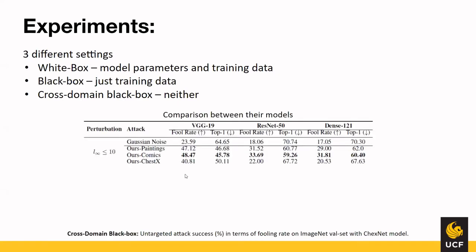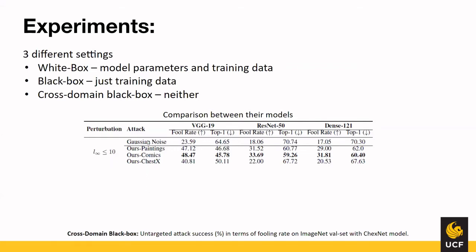So the first set of experiments we're going to take a look at are the cross-domain black box experiments. Here they train their generator using the CheXNet model as a discriminator, and they also train 3 different generators, each on one of the 3 separate data sets. So they train a separate generator on the paintings, comics, and chest X-ray data set respectively. And for the first set of experiments here, they use a maximum perturbation magnitude of 10.